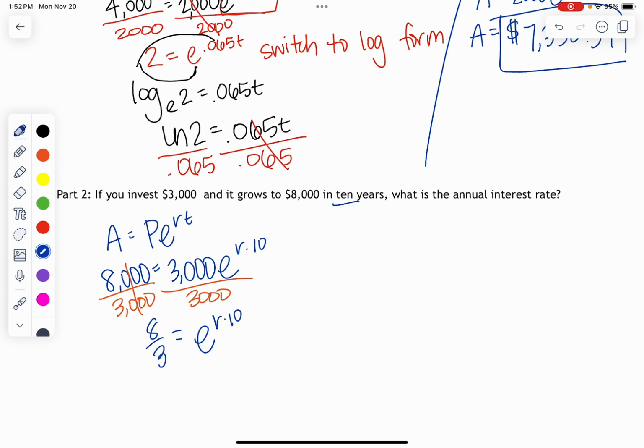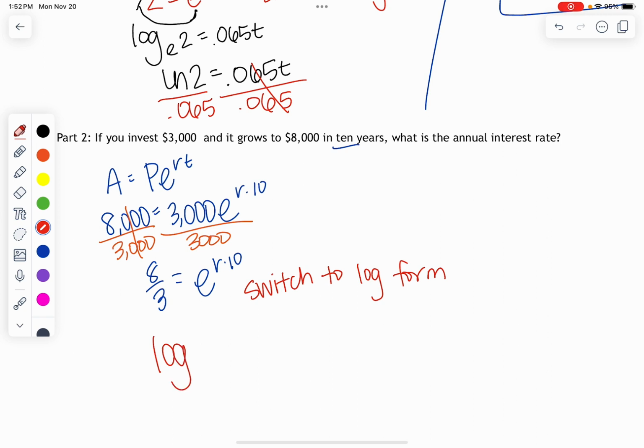Then I have R in the exponent. If you want something to be not in the exponent, you should switch forms. So I'm going to switch to log form. So it will be log base E of 8/3 equals R times 10.